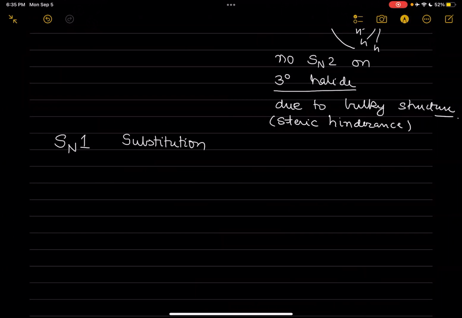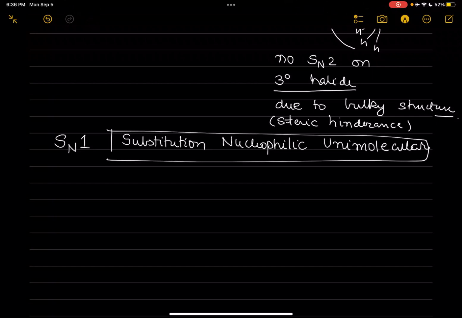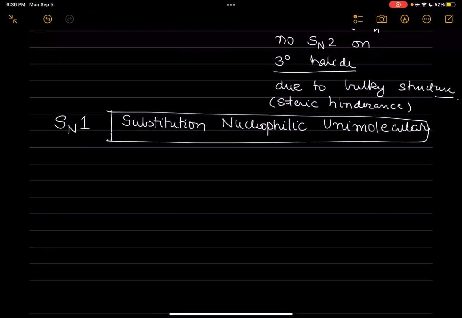Substitution, nucleophilic, unimolecular. In SN2, the two molecules were getting involved. In SN1, the reaction is also between two molecules, but it is one by one. Both the molecules don't react simultaneously as they did in the SN2 reaction.